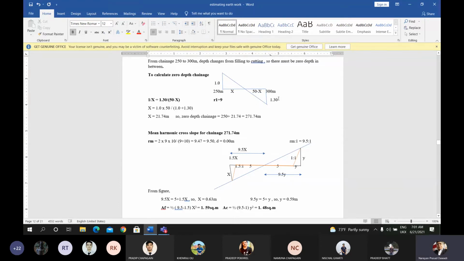Okay, for this section R2 is equal to 10. That's why the mean harmonic cross slope Rm is calculated for the zero depth chainage.